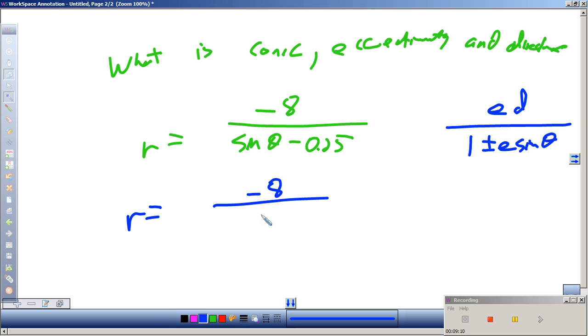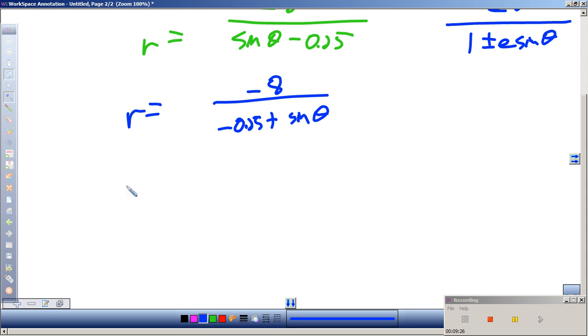Negative 0.25 plus sine theta, because I have to get it oriented the same way as this one. What number do I need to have here? So what do I need to multiply by? Let's multiply everything by negative 4. r equals 32 over 1 minus 4 sine theta.